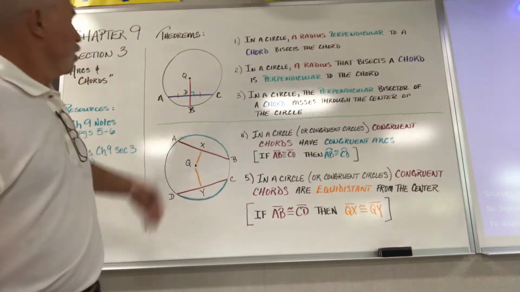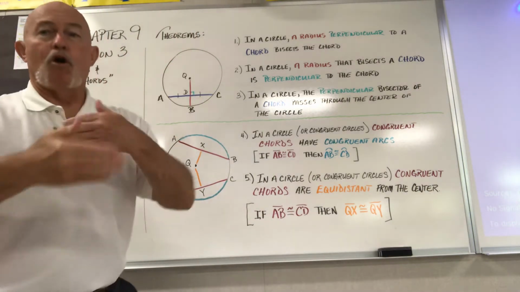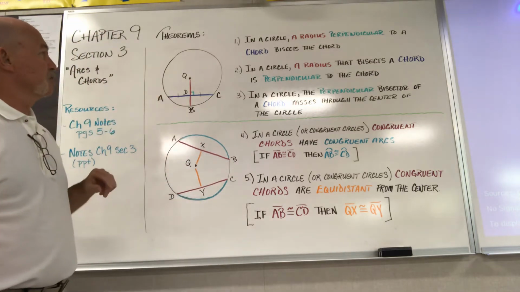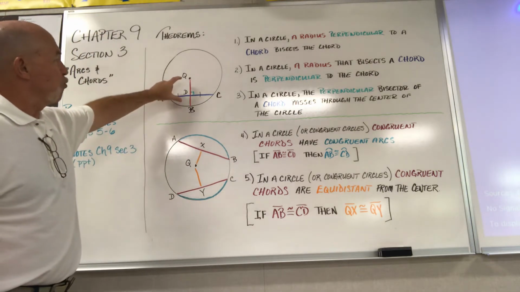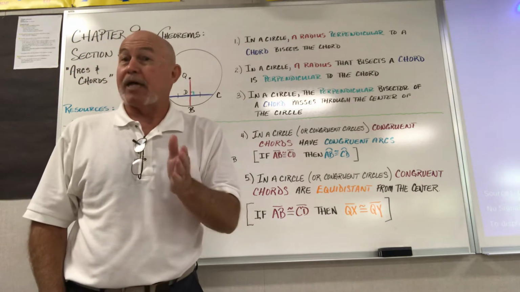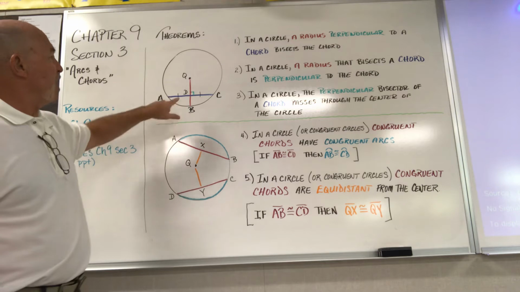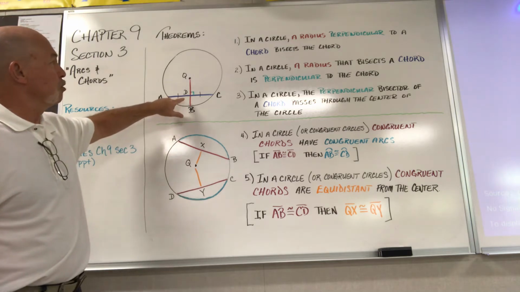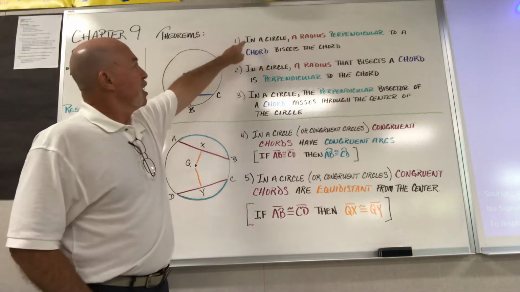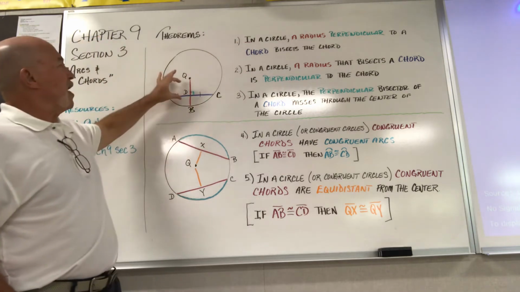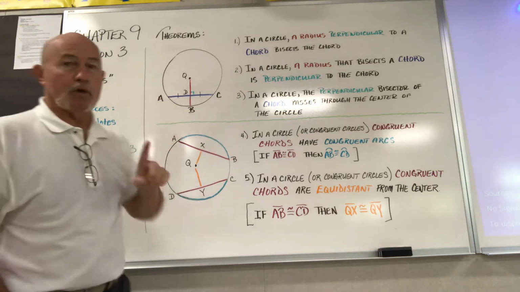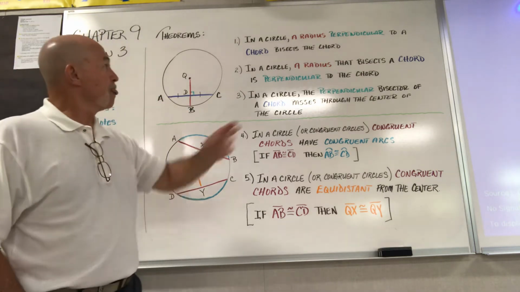Now, the first three theorems are all related. They deal with a drawing similar to this. It talks about a radius or a diameter, remember, we'll just continue through to be the diameter, that is perpendicular to a chord. The first theorem says, in a circle, a radius that is perpendicular to a chord bisects the chord, cuts it into two equal parts.